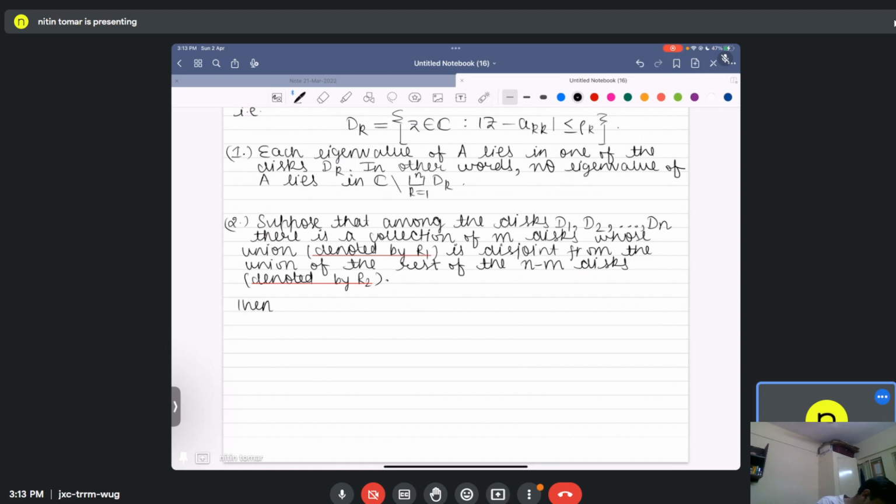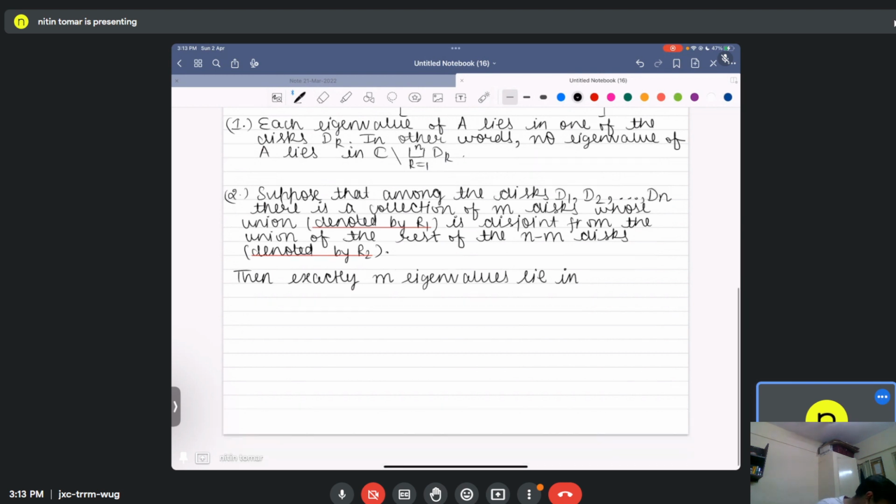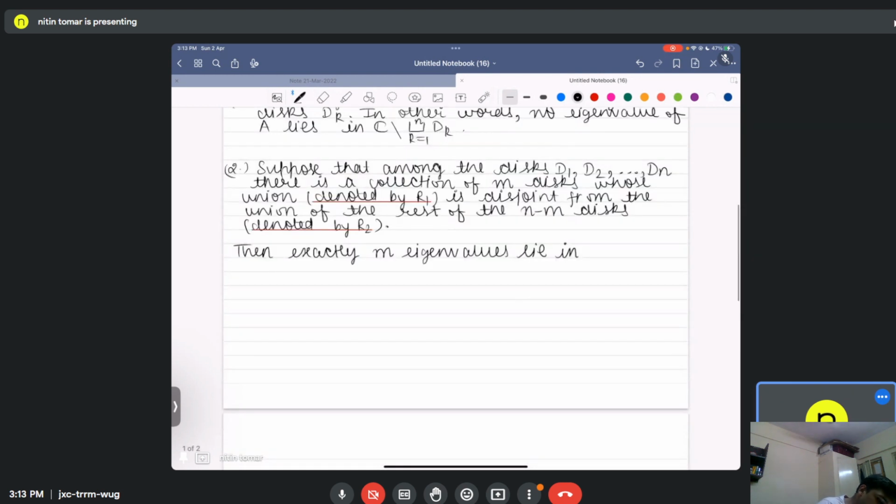Then exactly m eigenvalues lie in R1 and n minus m eigenvalues lie in R2.